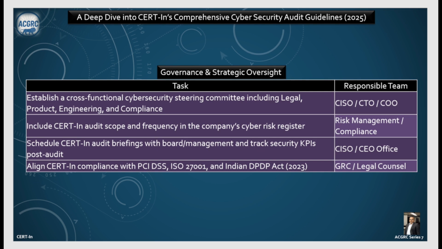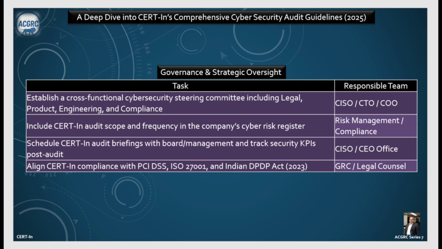Step 2 is to include certain audit scope and frequency in the company's cyber risk register. This is where your risk management leads and your compliance leads would need to take their roles. Step 3 is to schedule the CERT-In audit briefings with board management and track security KPIs post audits.